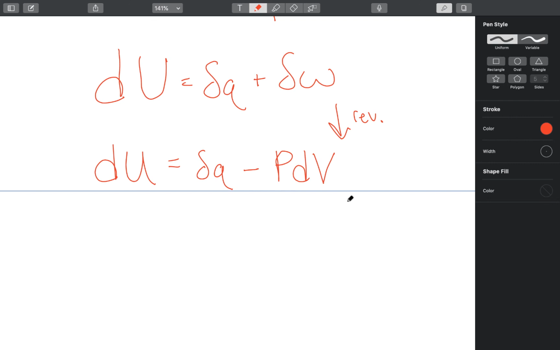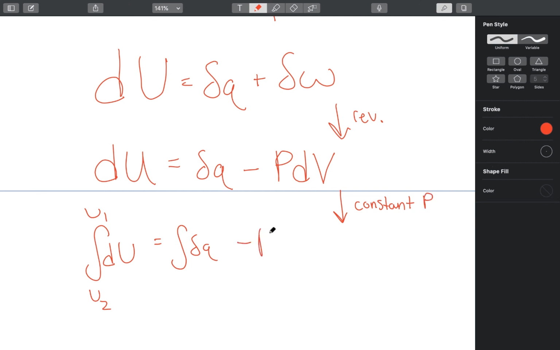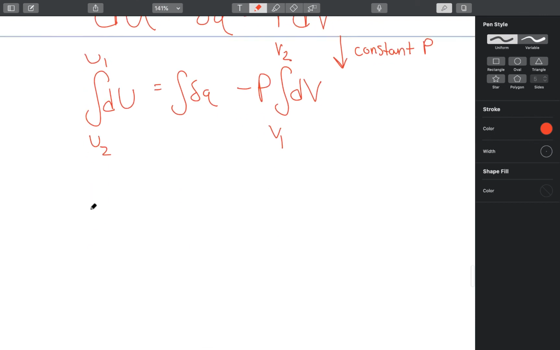And when we integrate everything, and we're going to assume constant pressure, you would get delta U is equal to Q minus P change in V.